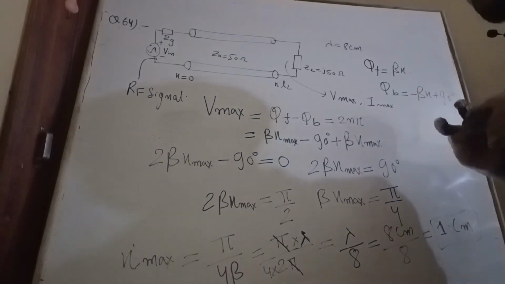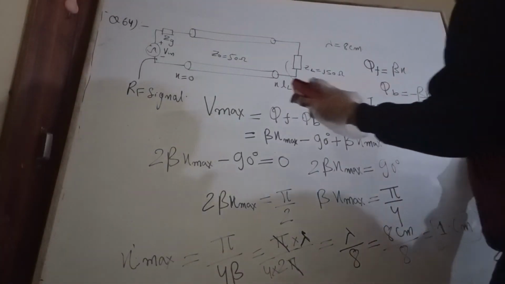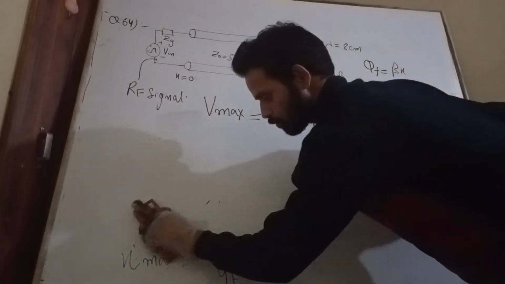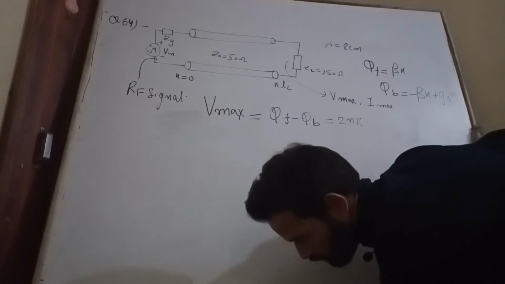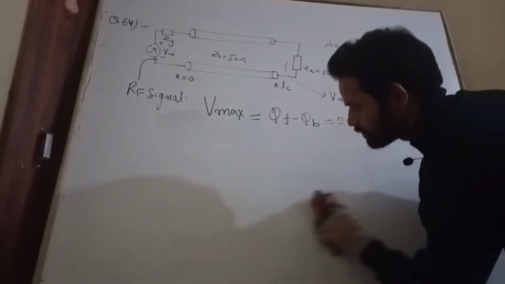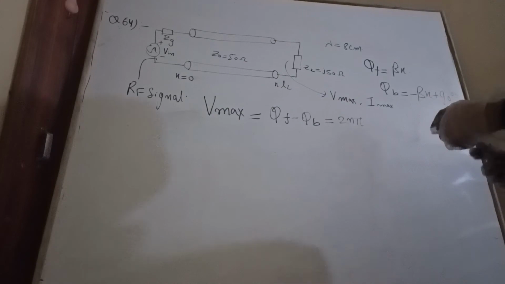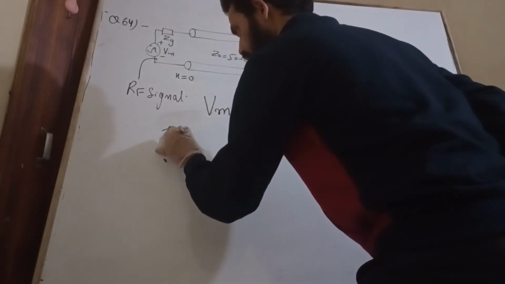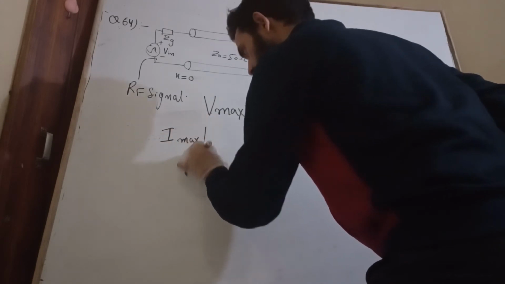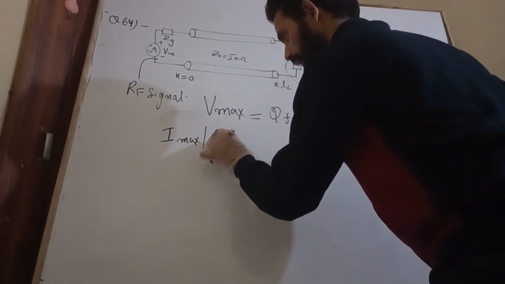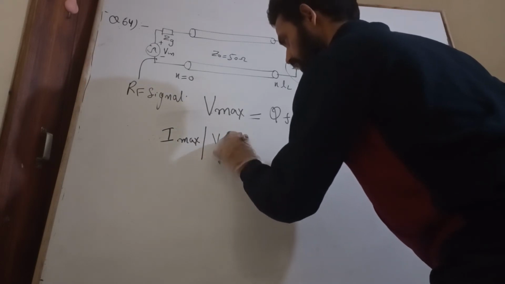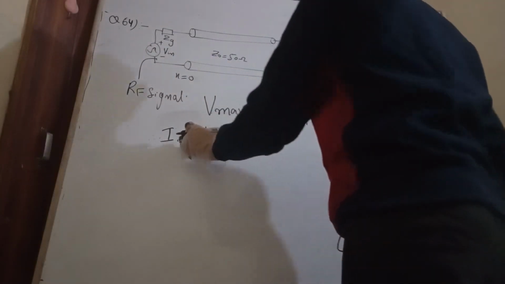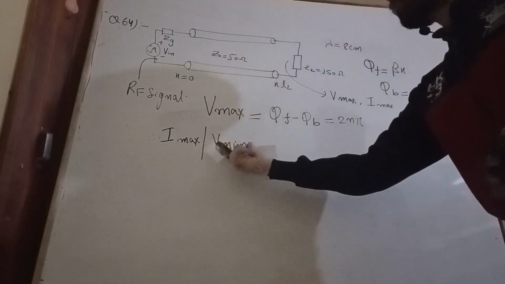Now see for current maxima. At what distance can we get current maxima? Current maxima is similar to voltage minima, so you can call it current maxima or voltage minima.